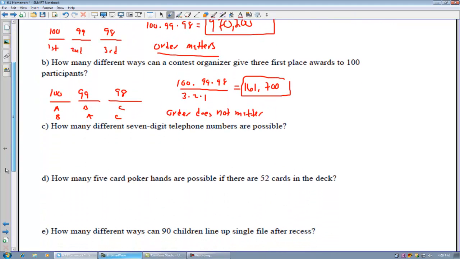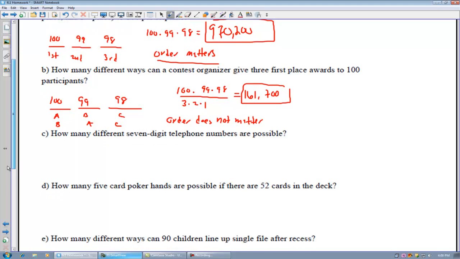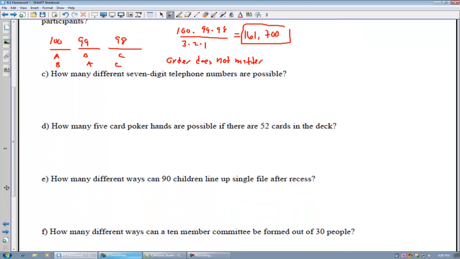And part C, what do we have? So in part C it says how many different 7-digit telephone numbers are possible. Alright, so in this one we have 7 blanks, so 1, 2, 3, 4, 5, 6, 7. And if you look on a telephone, there's actually 10 digits, 1 through 0. And so the number of possibilities for the first spot is 10.